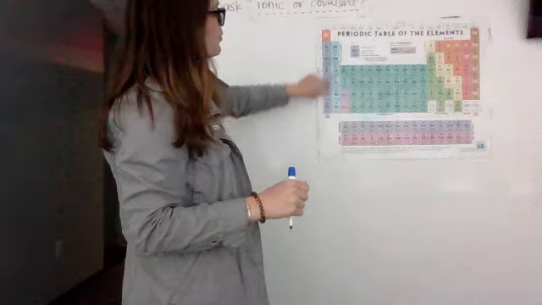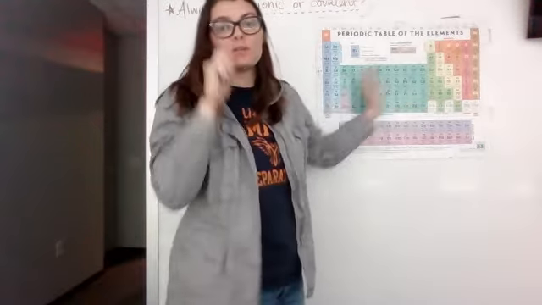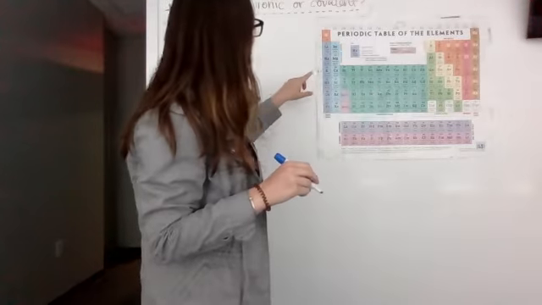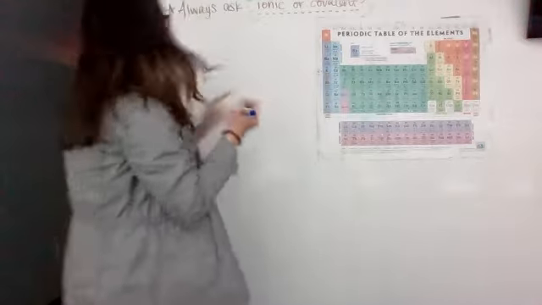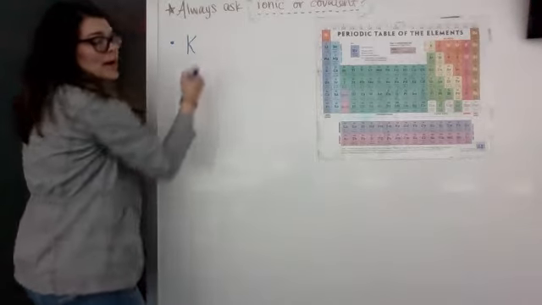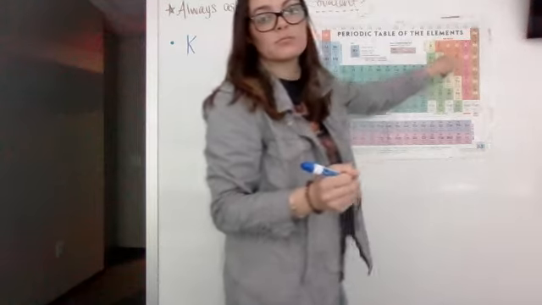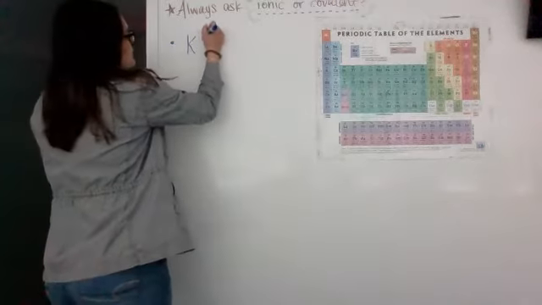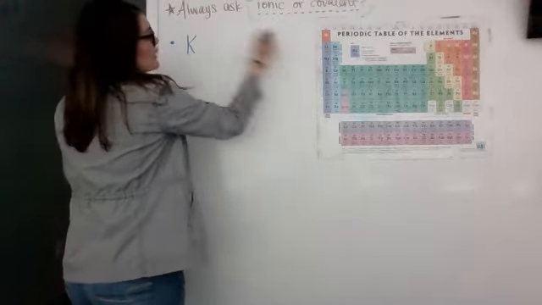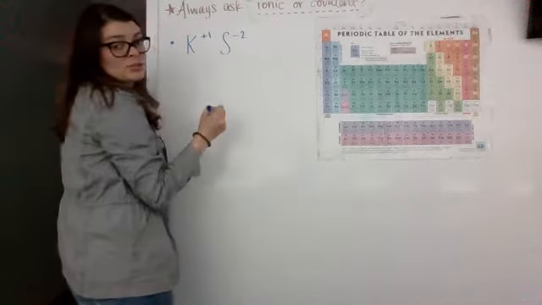We'll take a group 1, a group 2, and a group 3, just so that you can see that they vary. Potassium is in group 1, so we can do K, and then a nonmetal, S. Remember K has a +1, S has a -2.